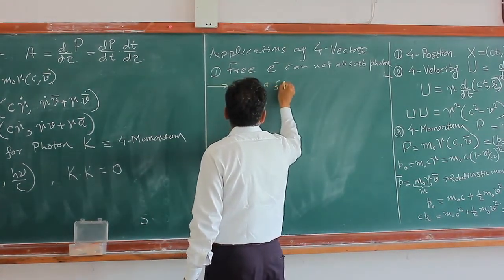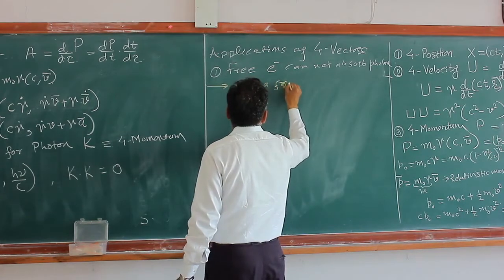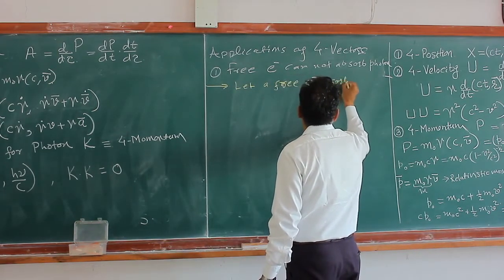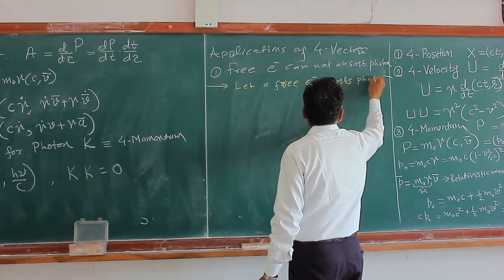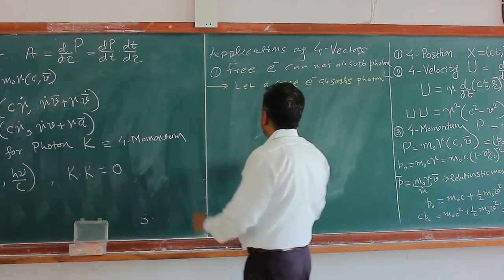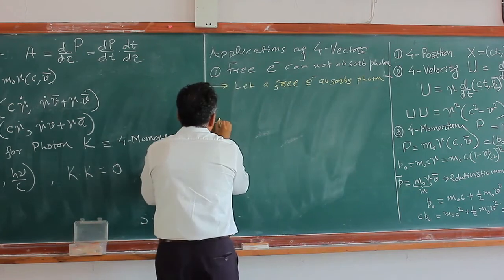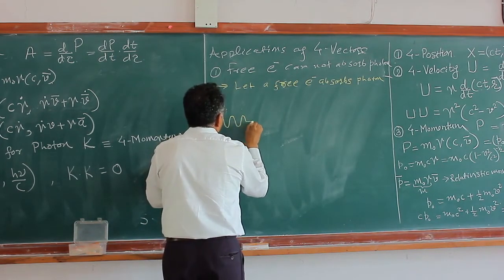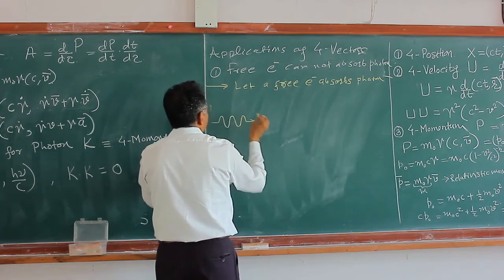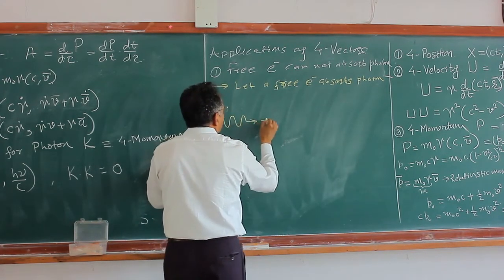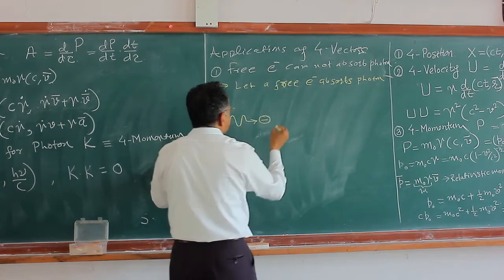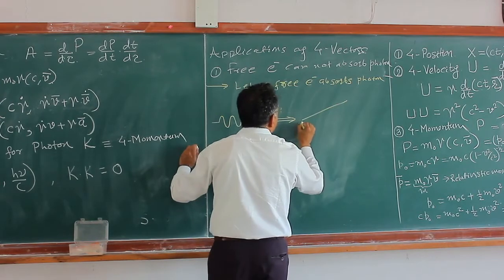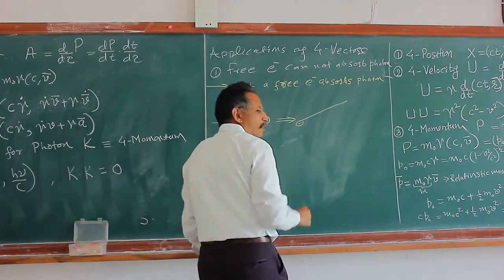So the first approach is, let a free electron absorb a photon. I would like to show that as, let us suppose that this is a photon, so the frequency variation I try to show, and this is a free electron at rest, and the product of this is a scattered free electron with some momentum.